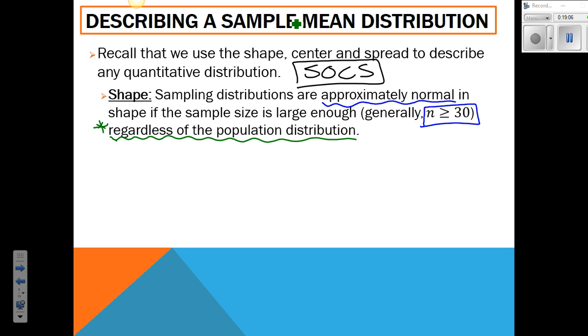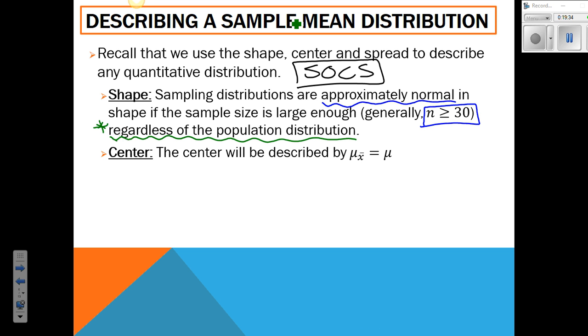As long as your sample size is high enough, your sampling distribution will take an approximately normal shape. So how should you describe the shape of a sampling distribution? You basically say it's approximately normal. And that will be true as long as n is large, or if your population is normal. You guys follow me?